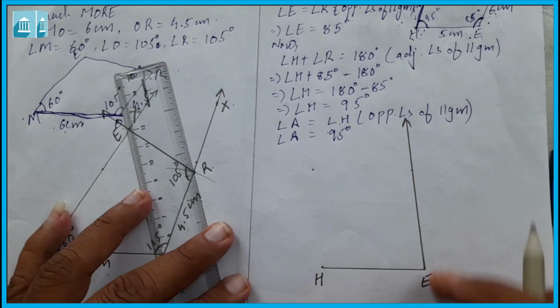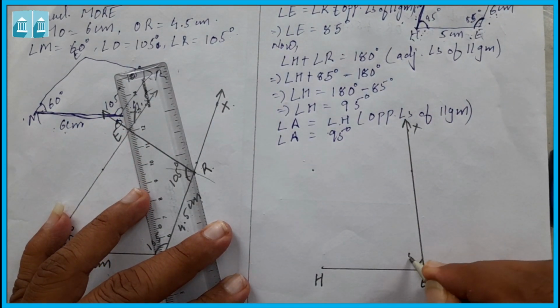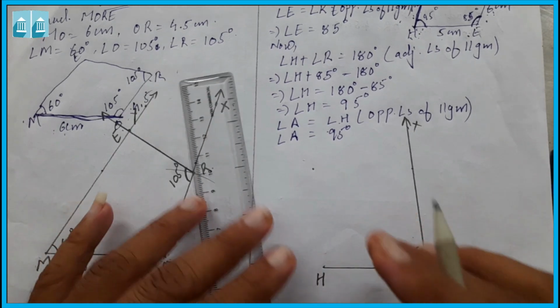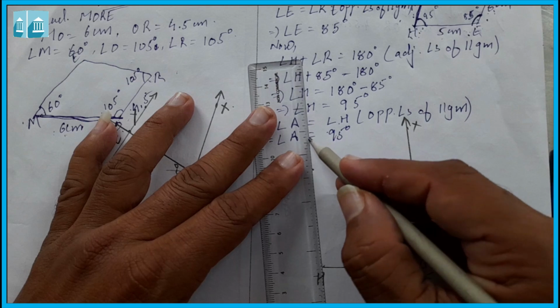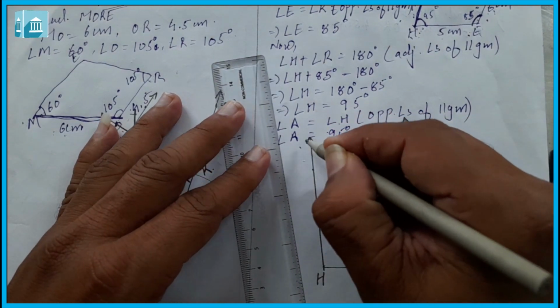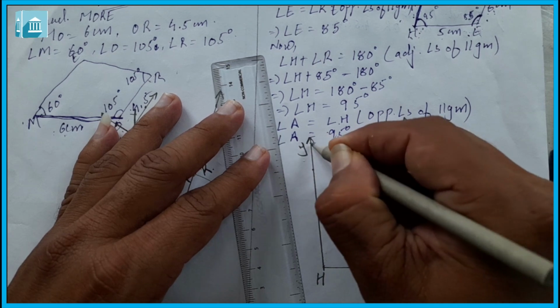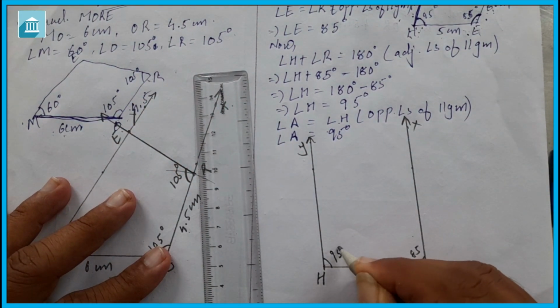Angle HE, suppose it is X, angle HEX is equal to 85 degree. In the same way, this angle EH, suppose it is Y, then angle EHY, this is our 95 degree.